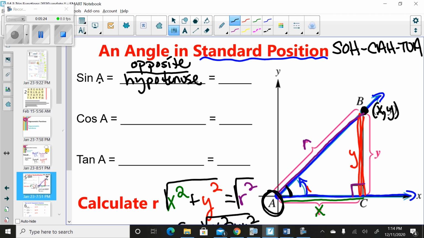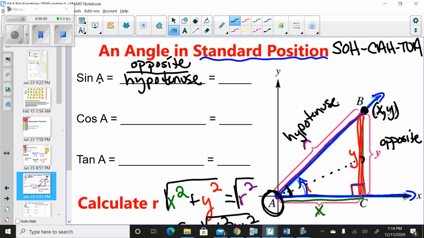All right, now let's see if we can label what each of these are. From the perspective of A, opposite means it's the side across from. I'm going to go ahead and label these, and please put them in on your picture as well. The side opposite is the one that's all the way across, like if you're sitting opposite someone at a table, you're across the table from them. The hypotenuse is always across from the right angle, so that's the same as the R. Go ahead and get that labeled in there.